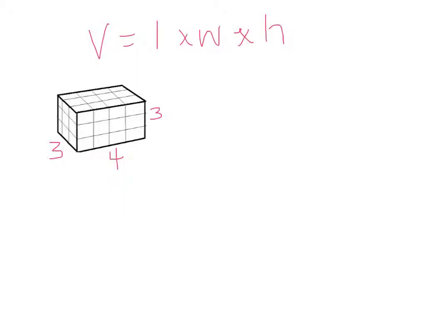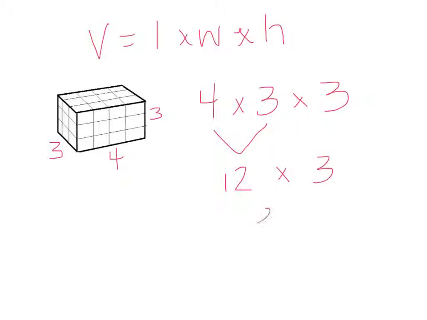So if I take my 4 times 3 times 3, I get 12 times 3, which equals 36. So the volume of this figure is 36. Now the units for this one are centimeters cubed, because here you have 3 centimeters, here you have 3 centimeters, and here you have 3 centimeters. So how many centimeters? 1, 2, 3, and when you multiply them, you get centimeters cubed.